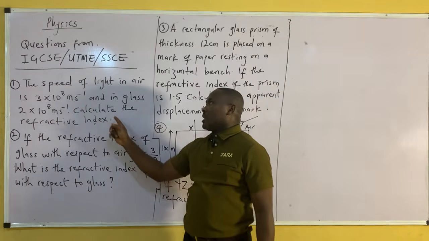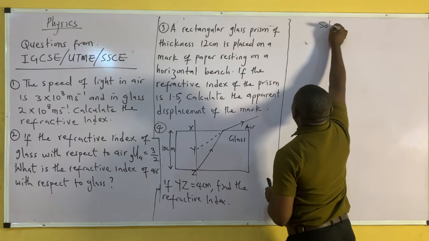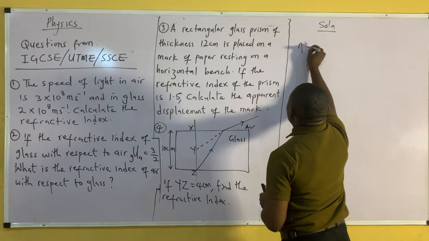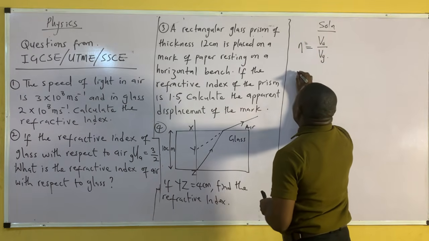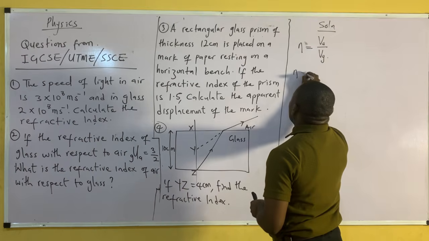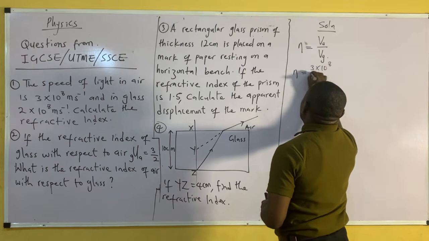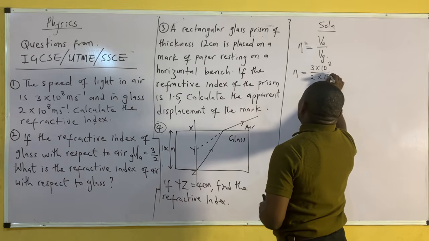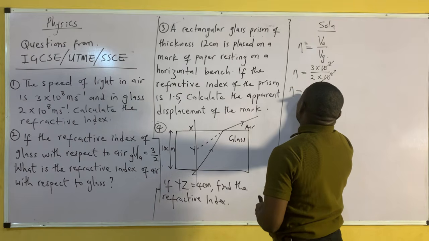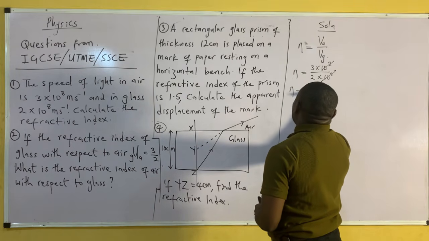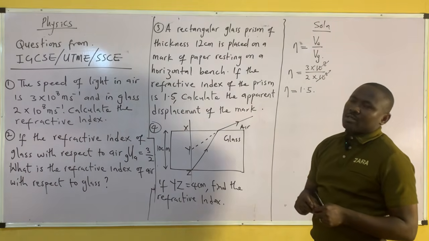Solution: refractive index equals speed in air over speed in glass, which is 3 times 10 raised to power 8 over 2 times 10 raised to power 8. Refractive index is equal to 1.5. Note, refractive index has no SI units.